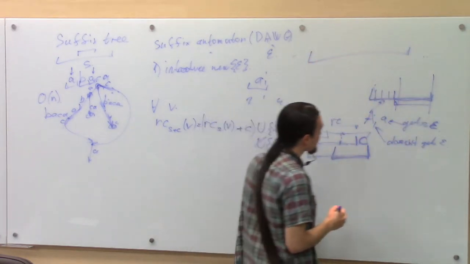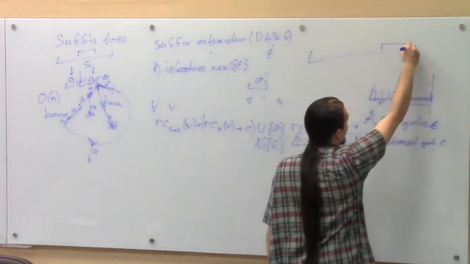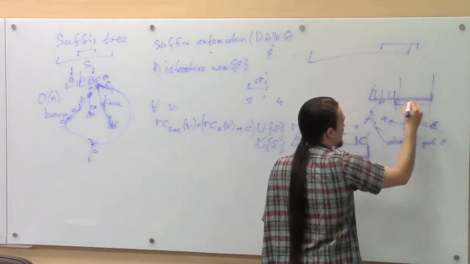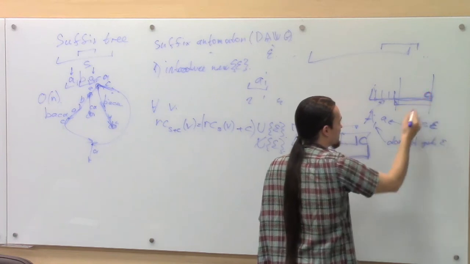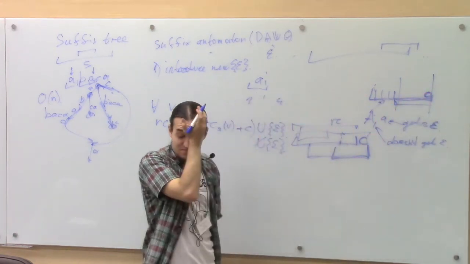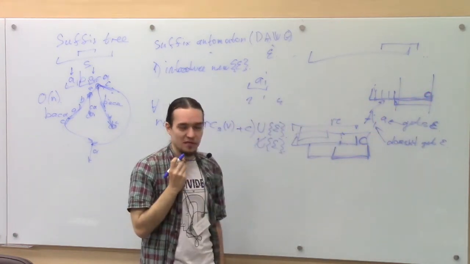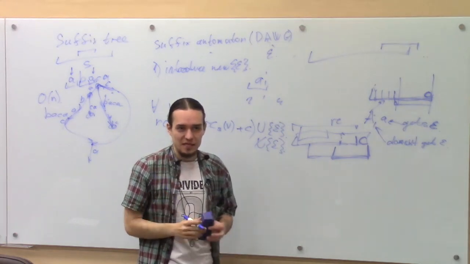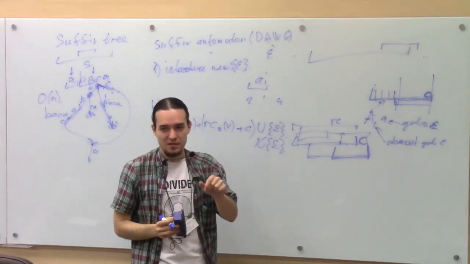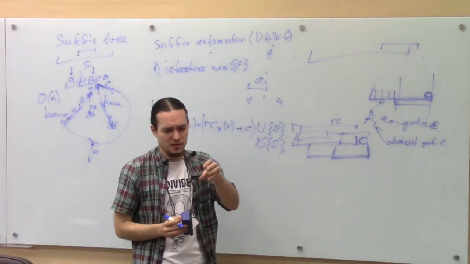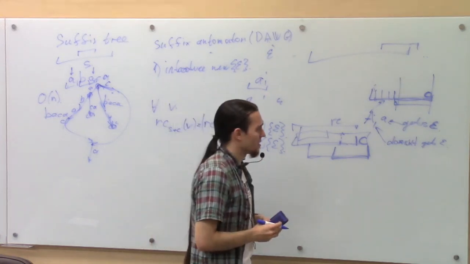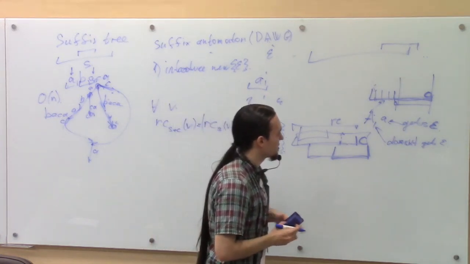If a small gets epsilon, then first of all, these suffixes all end by c, because a string gets epsilon only if it's a suffix. So at least the last letter is correct. It ends with c.